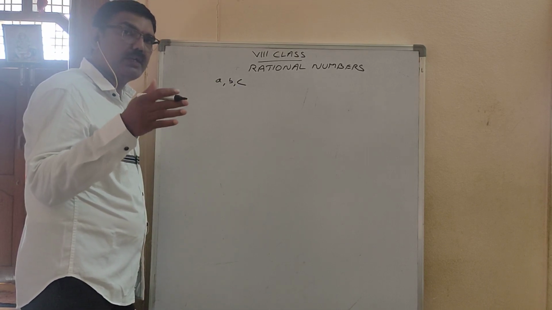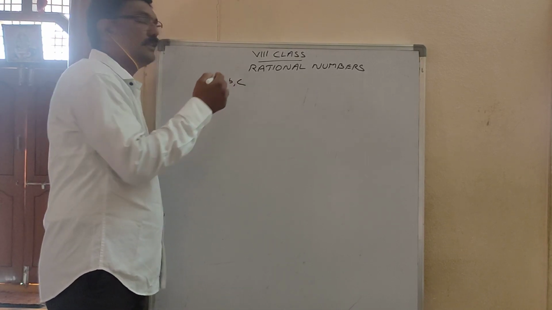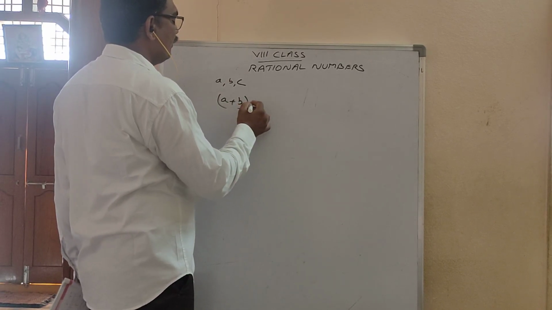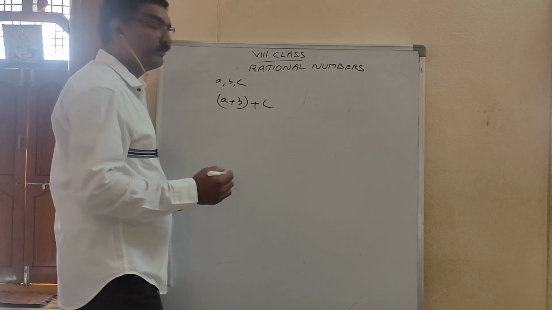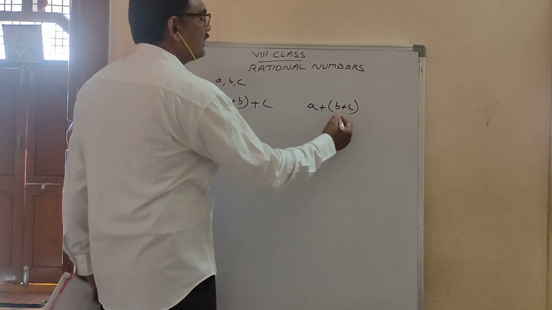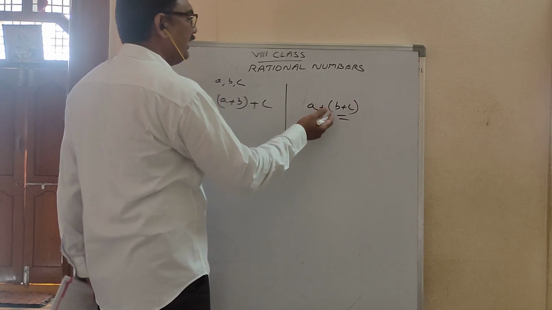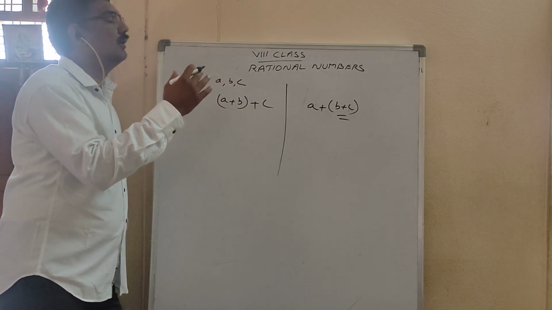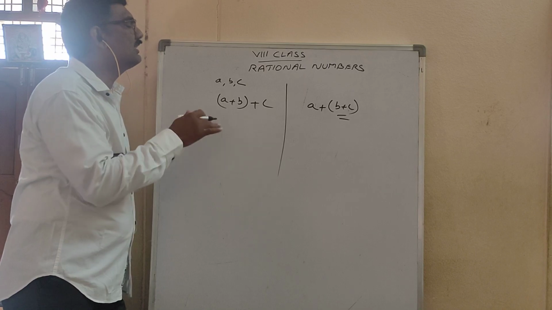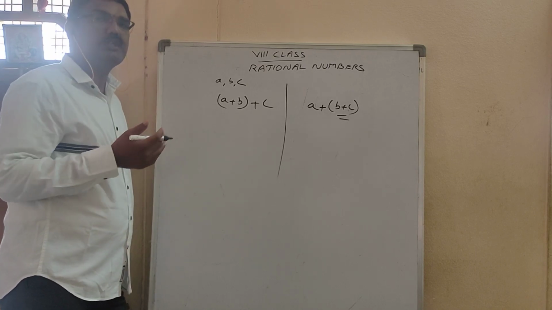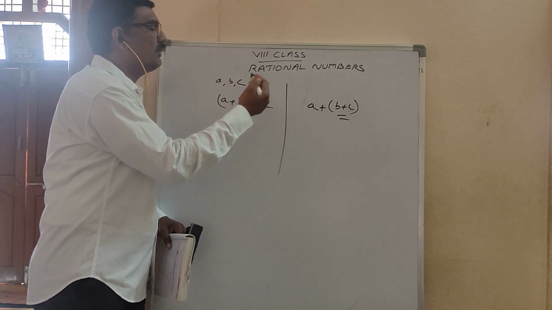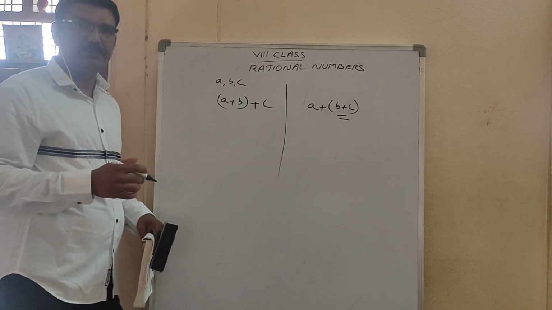Now you should take A, B, C. First you do A plus B, then plus C. Next, for A plus B plus C, first you perform B plus C, then you add that sum to A. If both the results are the same, you can say that it is satisfying the associative property under addition. Similarly under subtraction, multiplication, and division.